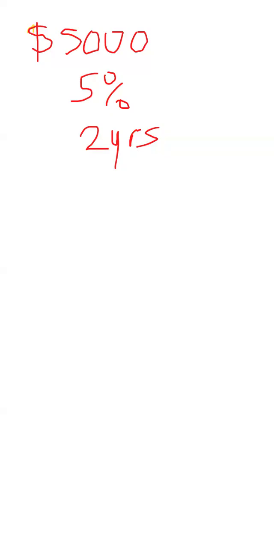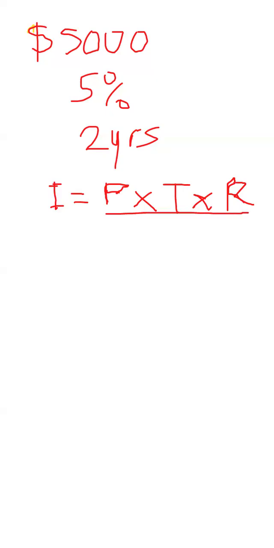Okay. So the formula goes like this: I equals P, where P is the principal or the money that was invested, times T, which is the time, times R, which is the rate, divided by 100.